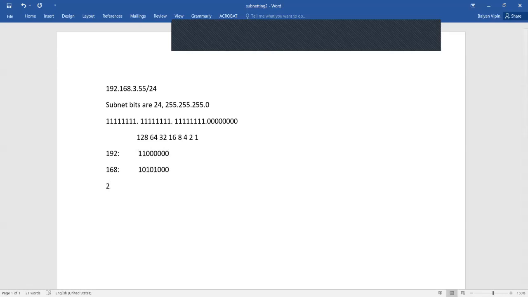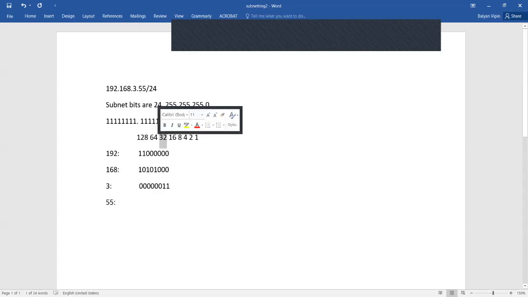The next number is 3. So copy it again. 3 is basically the addition of the last two LSBs, so these two are 1, 1, and the remaining are 0. With respect to 55, in a similar way, 55 is 32 plus 16 plus 7.